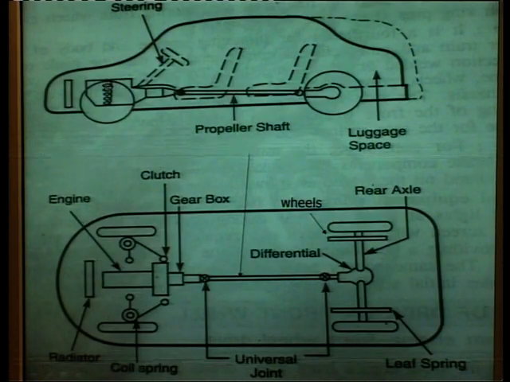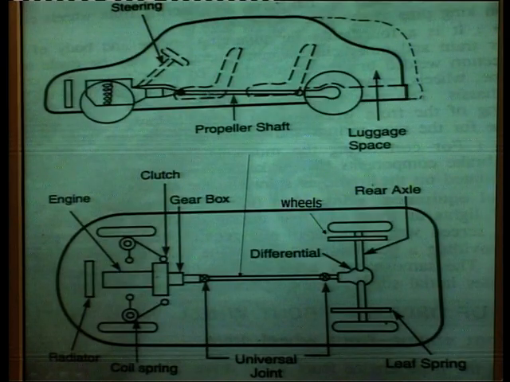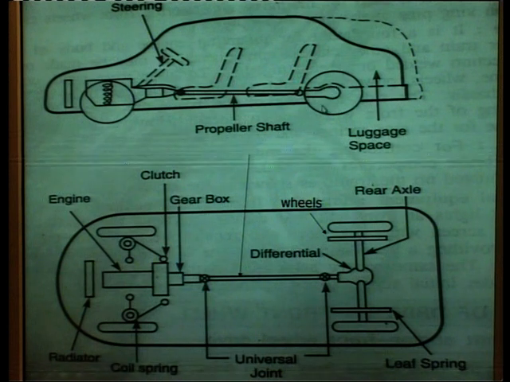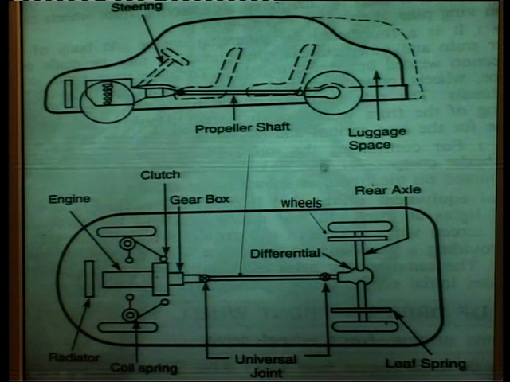You can see this is the front view, this is the propeller shaft, this is the gearbox, here the clutch, then the engine, then the differential here, then rear wheels and so on.